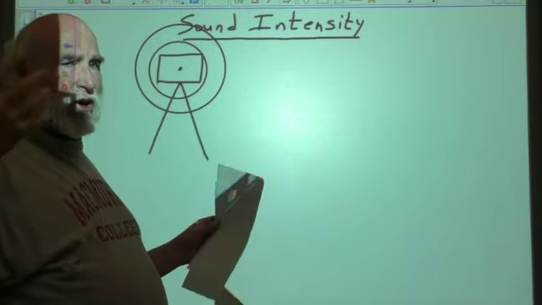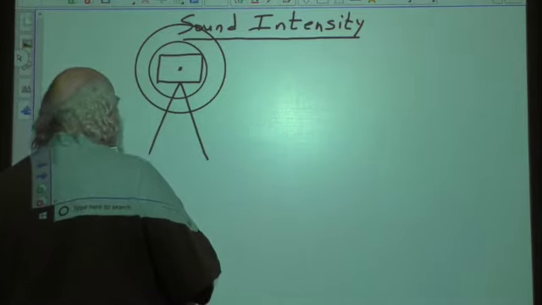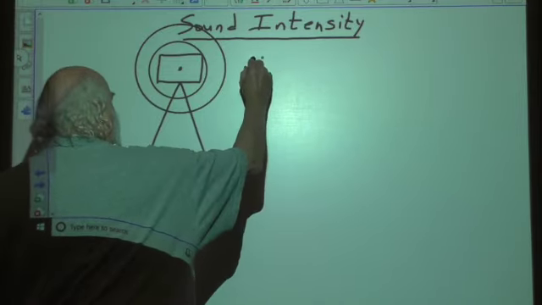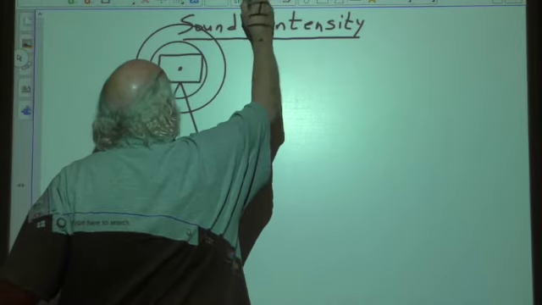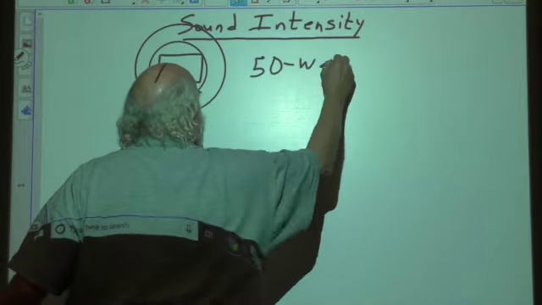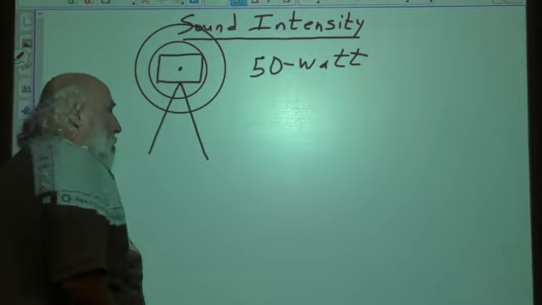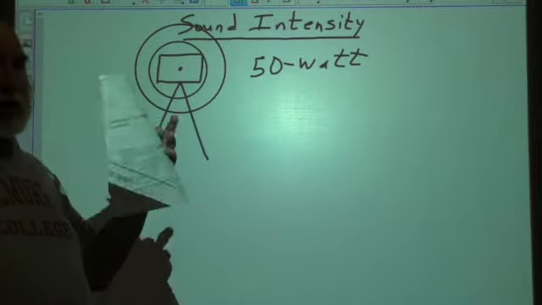If you're at a rock concert, and let's say that they're using a 50-watt amplifier. Now if you're standing right next to that sound, you will hear it really, really loud.